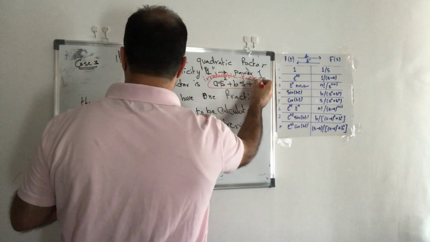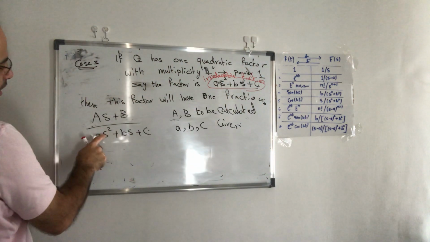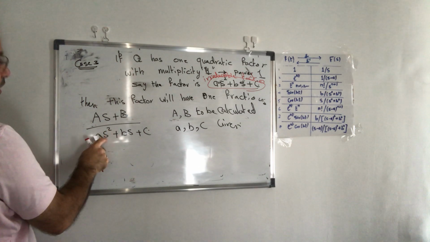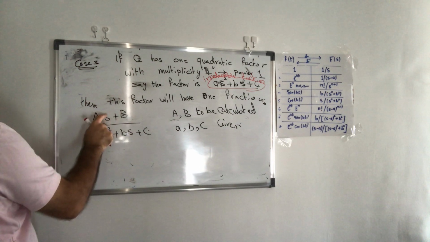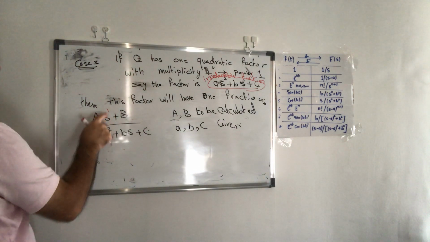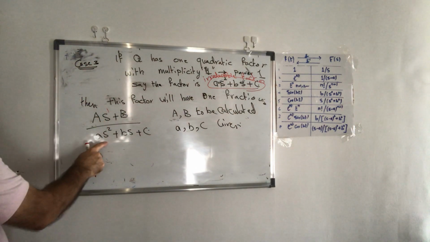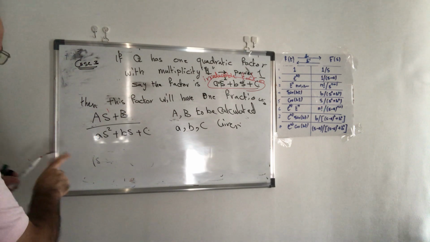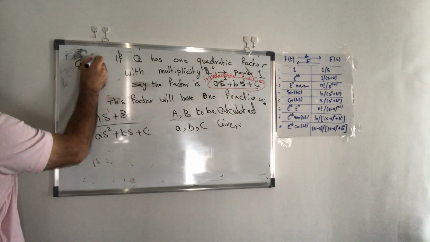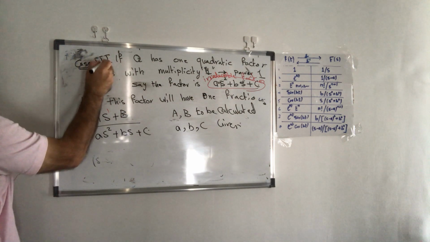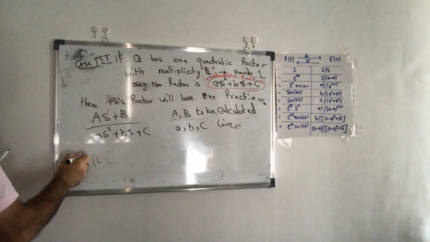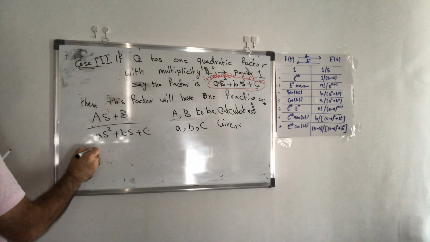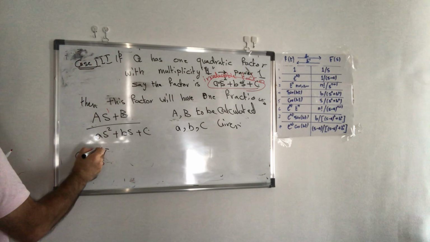If it is irreducible, then it is squared, then above it should be a linear, with power 1, right? And when it is linear, then you have a constant only. This is case 3, right? 1, 2, 3. And then case 4, I can go with case 4 now.